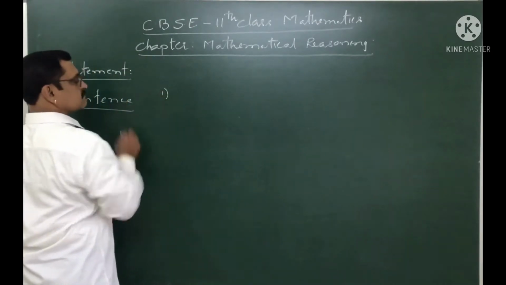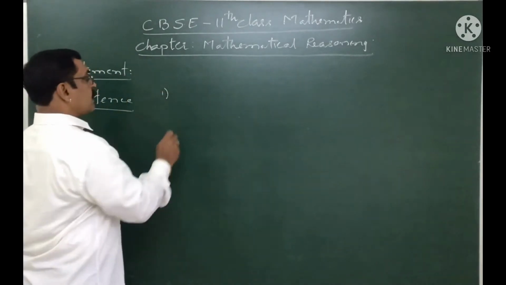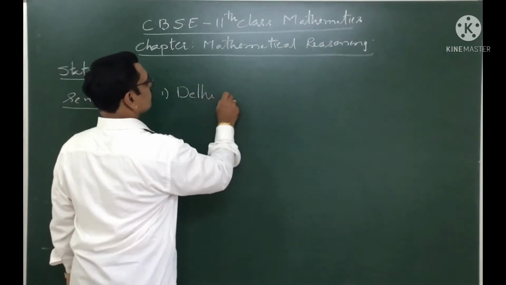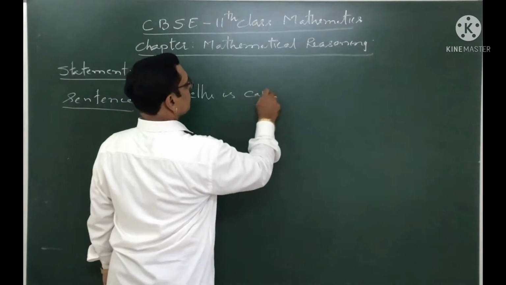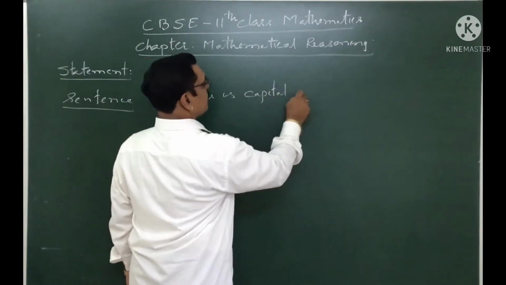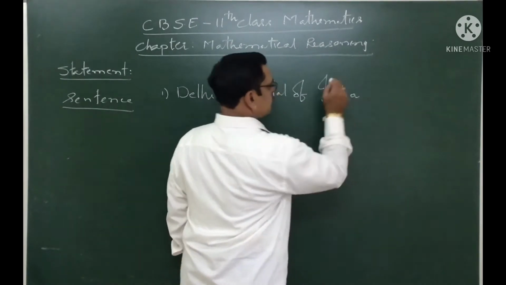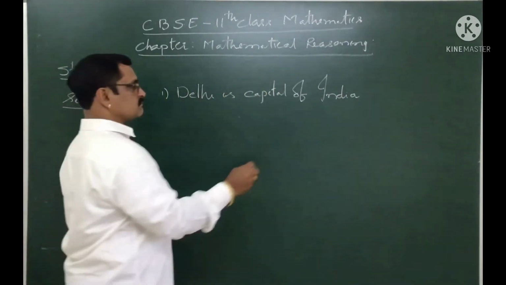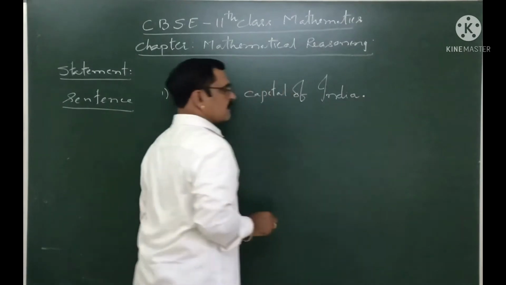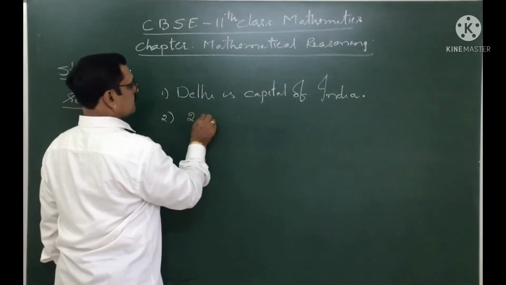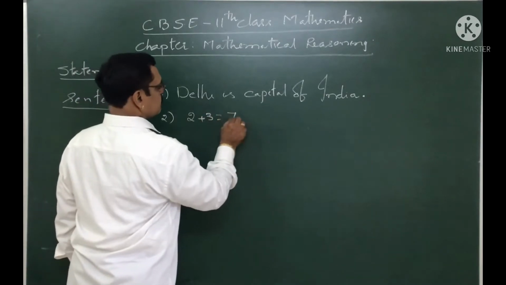For example, Delhi is the capital of India. I'll go for a second example, a mathematical example: 2 plus 3 is equal to 7.